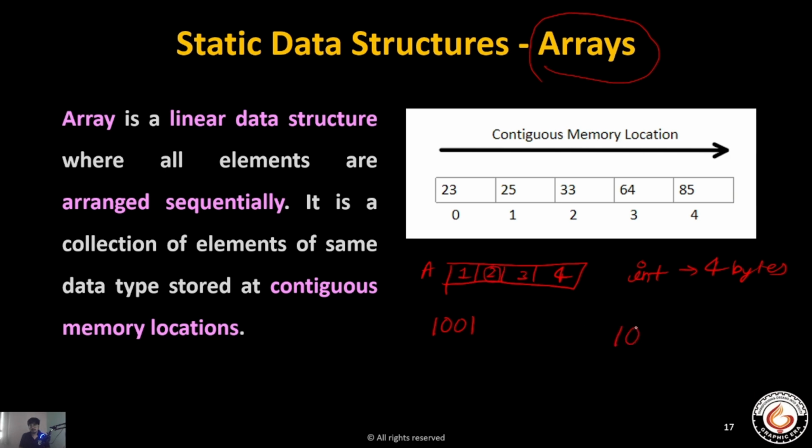It will be 1001 plus 4, that is 1005. And why have we taken 4? Because it's the size of an integer, which means it takes 4 bytes. That's why if it starts from 1001, it will occupy 1002, 1003, 1004, and the next element will start from 1005.